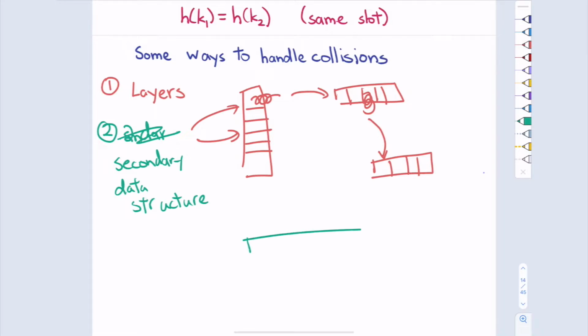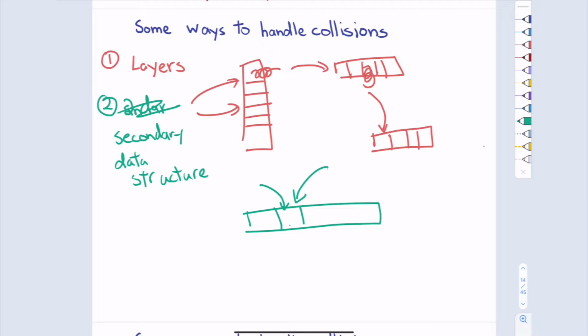I have a hash table. If I have many things colliding into one slot, then maybe down here I'll build some kind of elaborate data structure over much fewer elements and maybe get some benefit. And at some level you can consider the layers idea sort of as a secondary data structure.